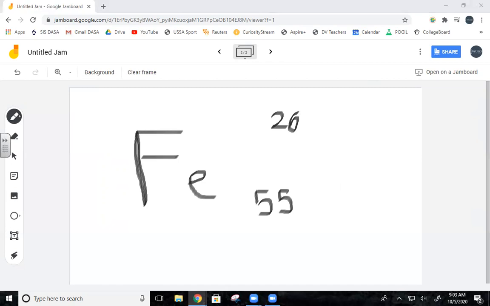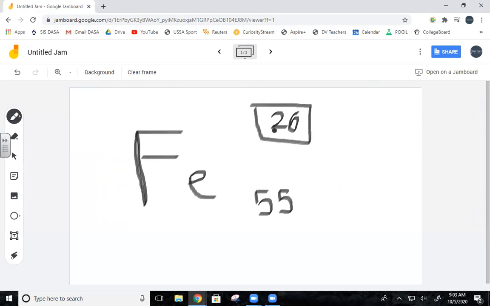So if we change the element, then we change the number of protons, right?